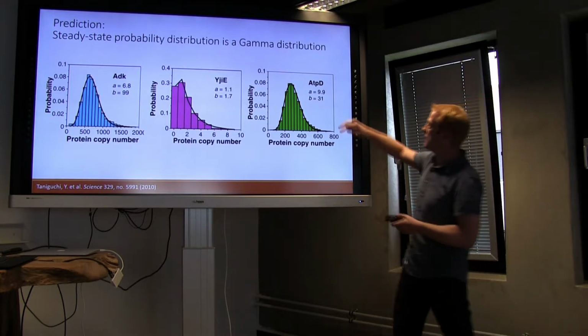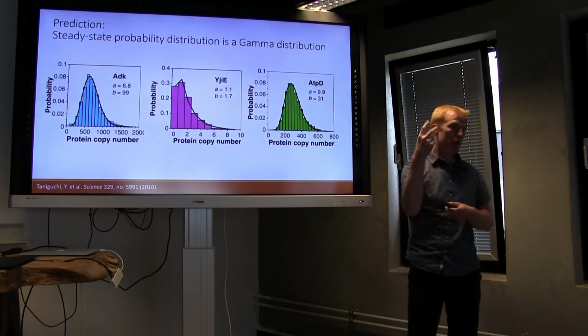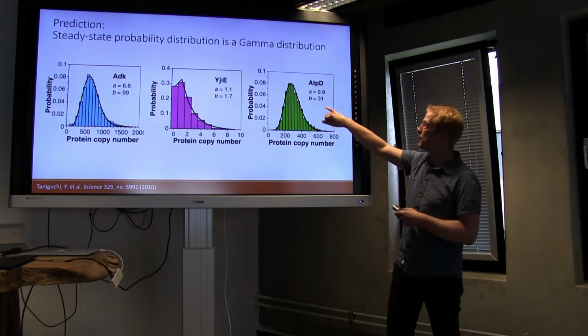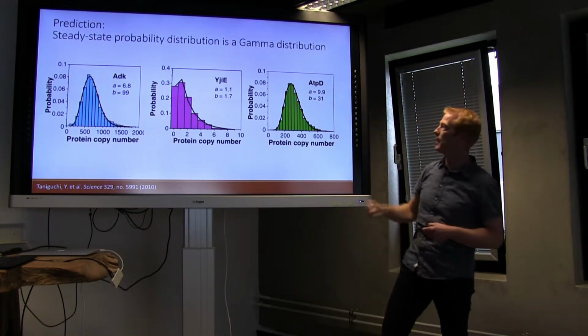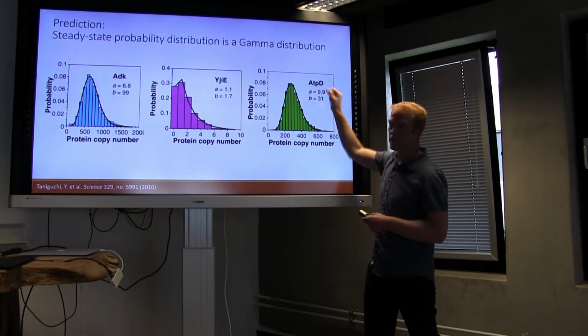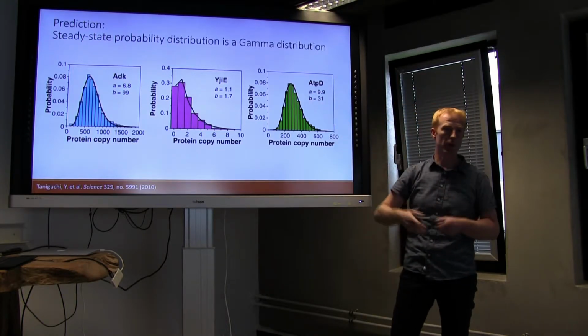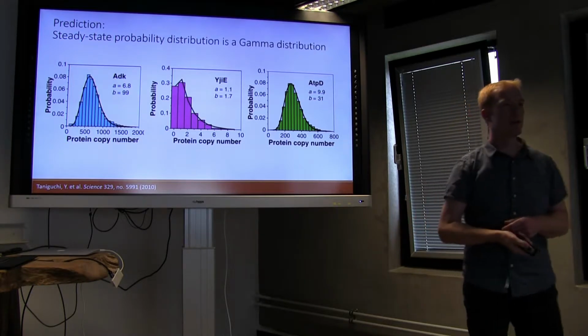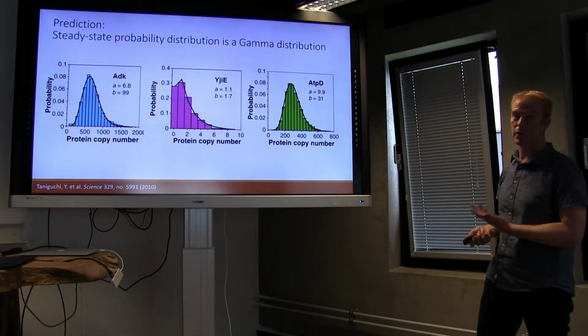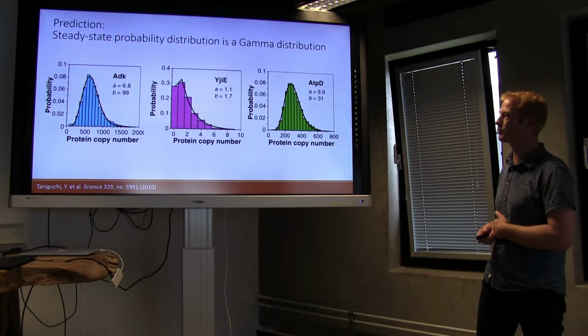And the nice thing now is that these parameters that you get out, the gamma distribution only has two parameters. One of them is essentially the burst size, the mean burst size. And the other one is essentially the rate at which you produce RNAs. So they are actually meaningful parameters that you can then study and verify by other means.